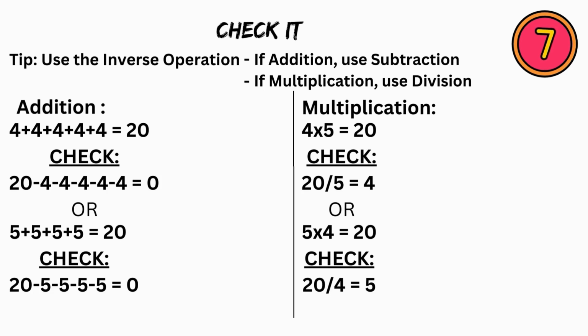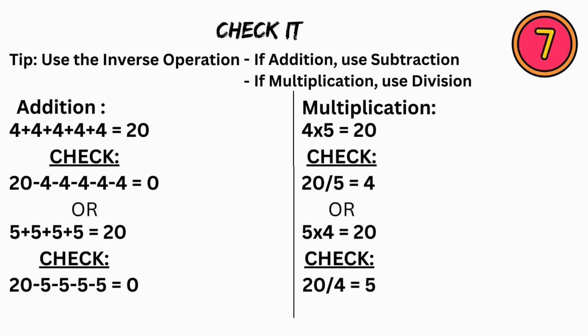Multiplication: please note that I wrote it in a bit of a fraction form, but it can be written like this, though I do suggest using the division symbol instead of the forward slash. So 4 multiplied by 5 equals 20. Check: 20 divided by 5 equals 4. That is correct. Or 5 times 4 equals 20. Check: 20 divided by 4 is equal to 5. And there we go. It was simple.